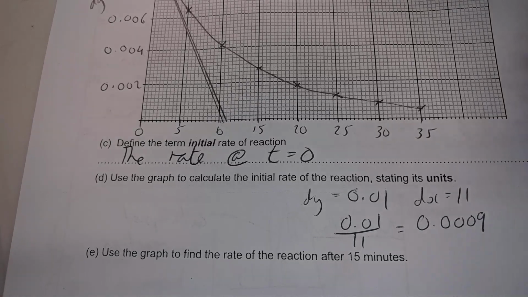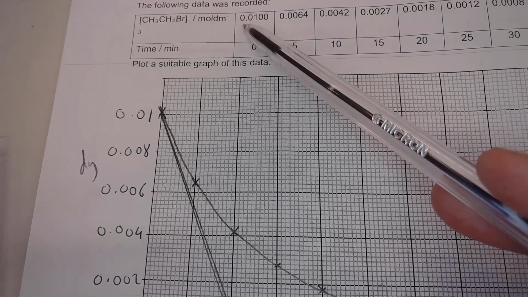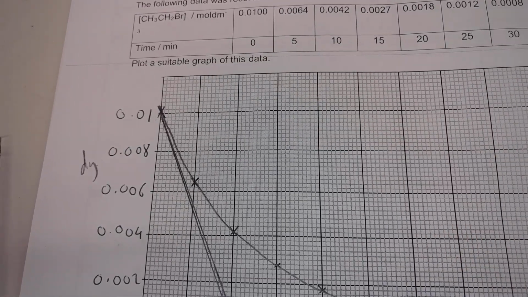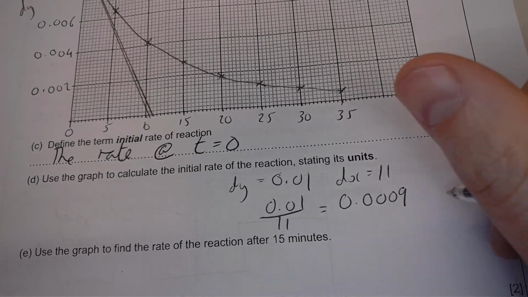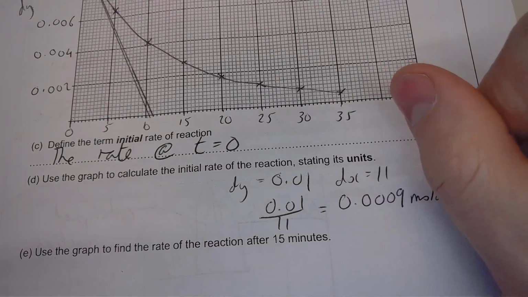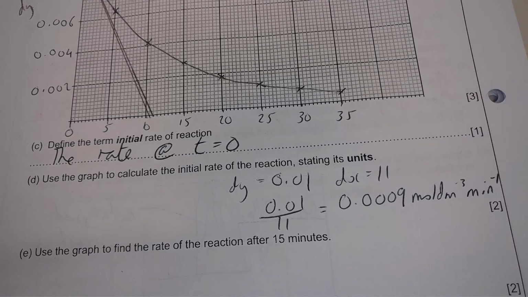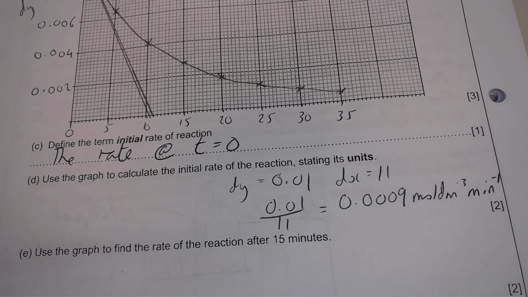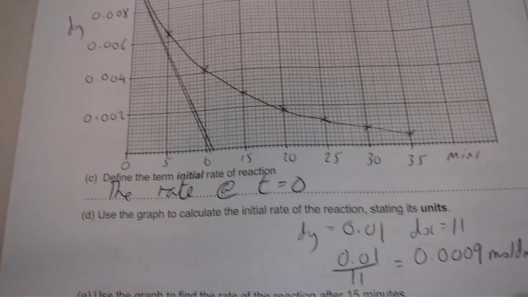And think about the units. Up here it was moles per dm cubed divided by minutes. So in this case, it's moles per dm cubed per minute. This was in minutes here. This was in moles per dm cubed.